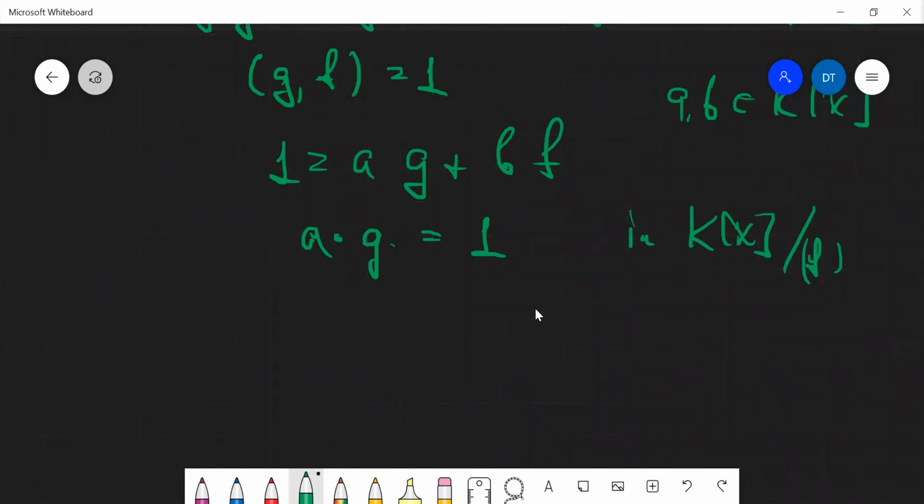And this equality means that this element is the inverse for the element G. So A is actually G inverse just by definition. So as we can see, each non-zero element is invertible. And the proof is exactly the same as it was for integers.